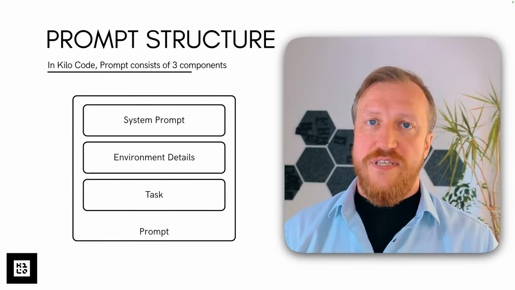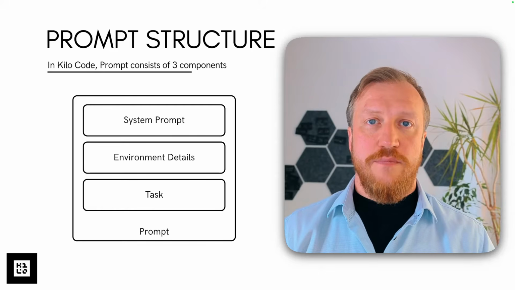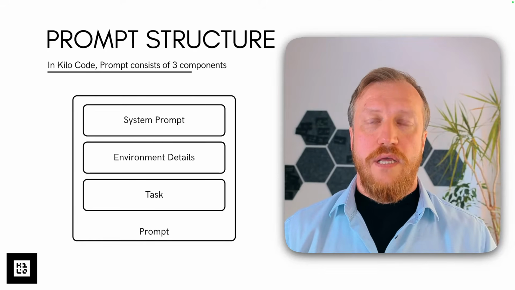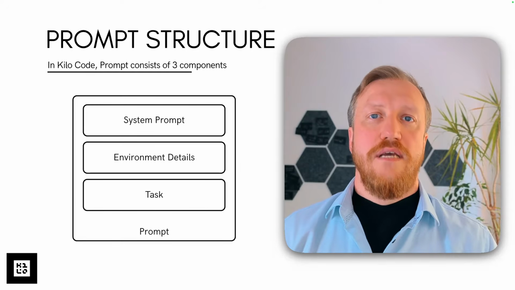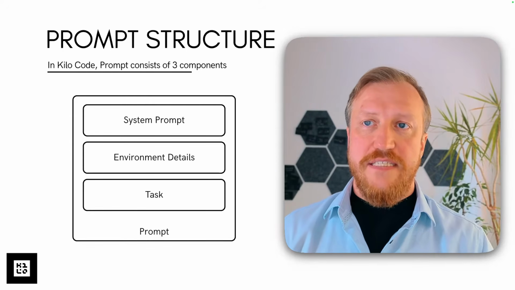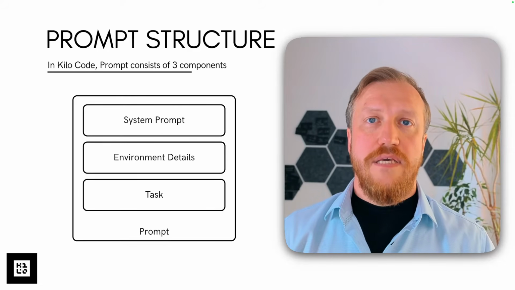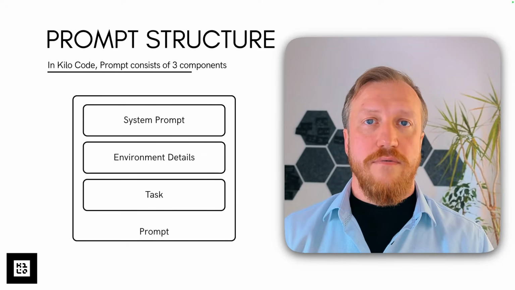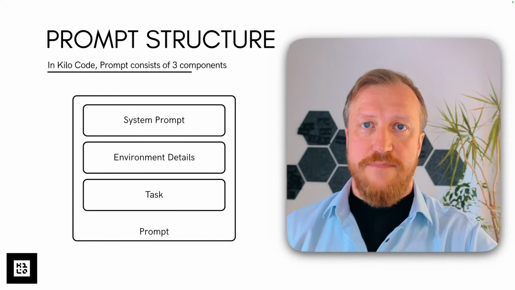So I want to do this and that, or how this and that works. Then environment details are details about your environment, folder, files, current mode, many other things. And then finally, the system prompt is a very important part of the prompt that will be delivered to the AI model. We will take a deeper dive into that.